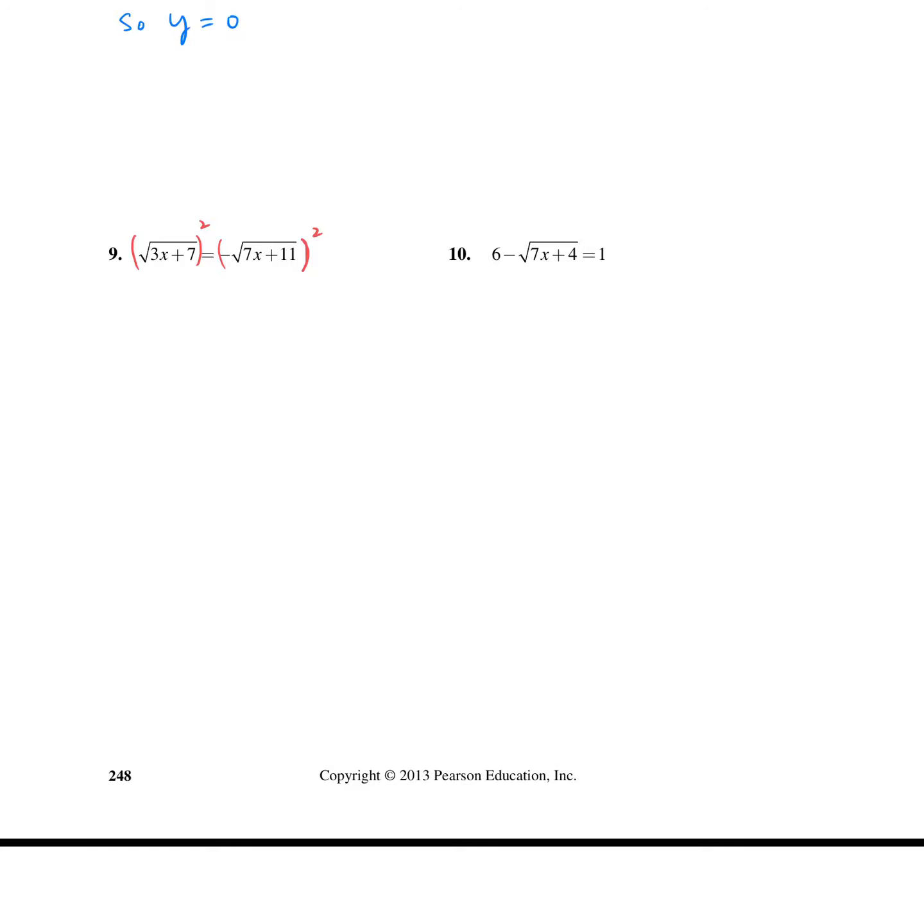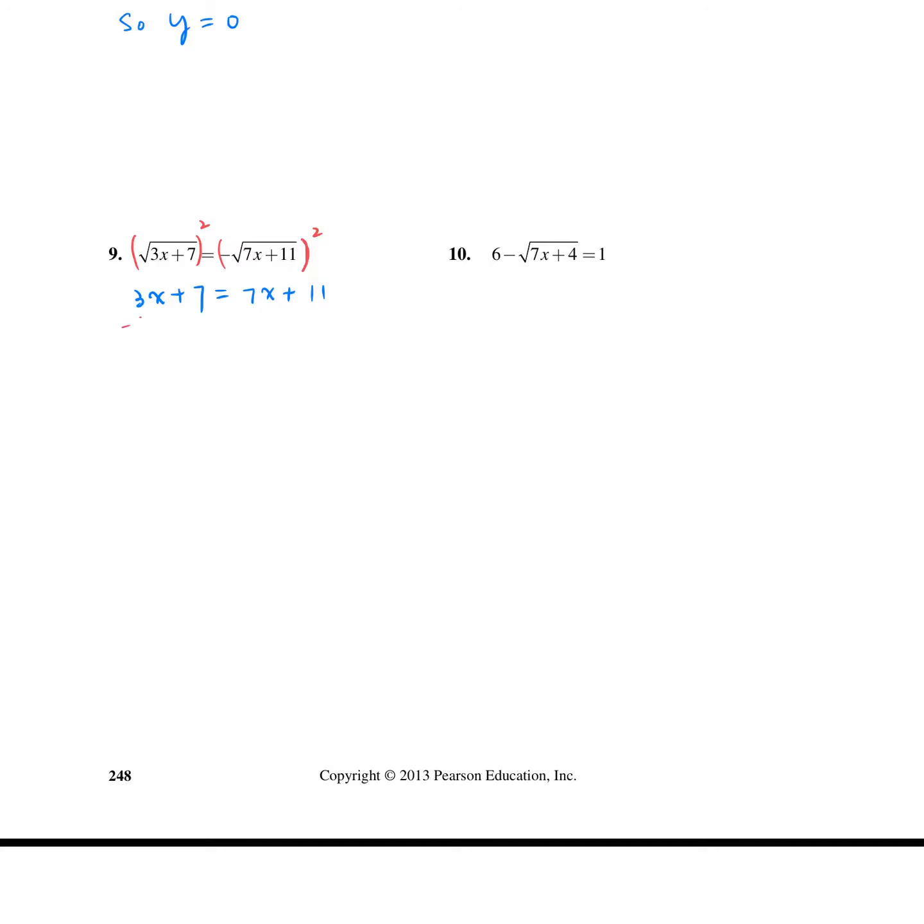Make sure you put grouping symbols on each side. On the left-hand side, you got 3x plus 7. On the right-hand side, you got 7x plus 11. And by the way, the negative sign outside is removed because of the square outside. And now we have a linear equation which we can solve very easily.